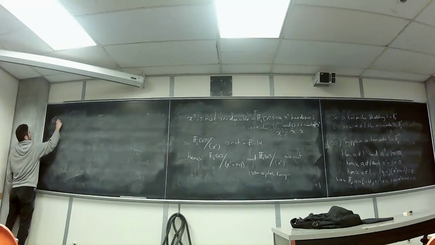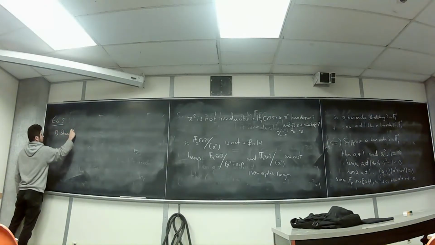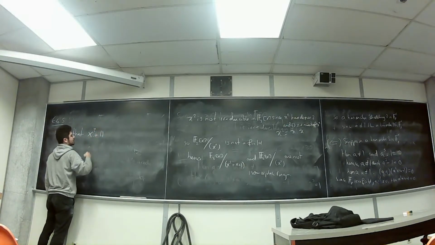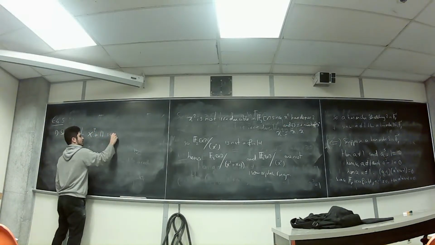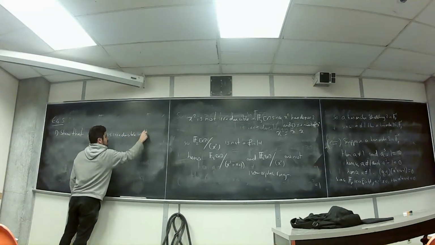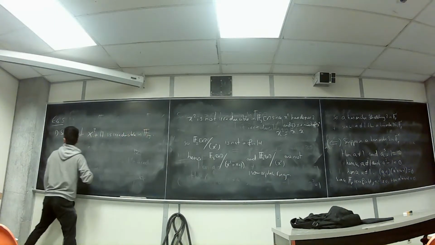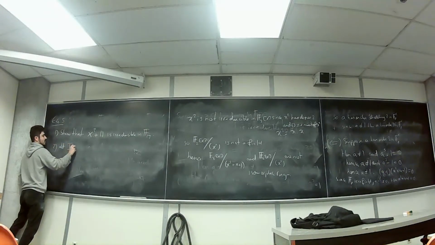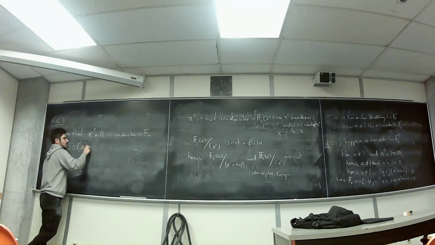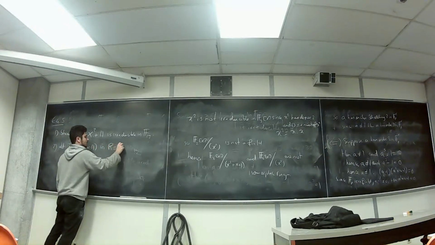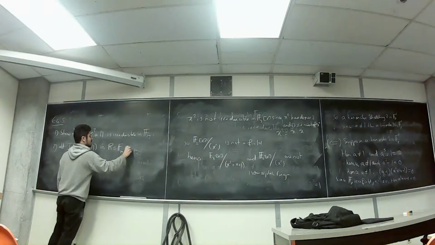Question 1: Show that x cubed plus 11 is irreducible in F13. Question 2: Let I be the ideal generated by x cubed plus 11 in R equal to F13[x].